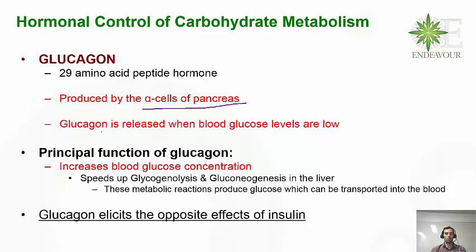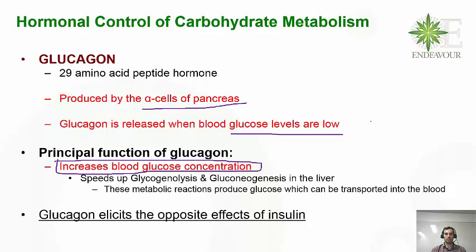We have the release of glucagon in response to low blood glucose levels. The reason is that glucagon will function to increase the concentration of the blood glucose. It does this through enhancing or speeding up certain reactions.